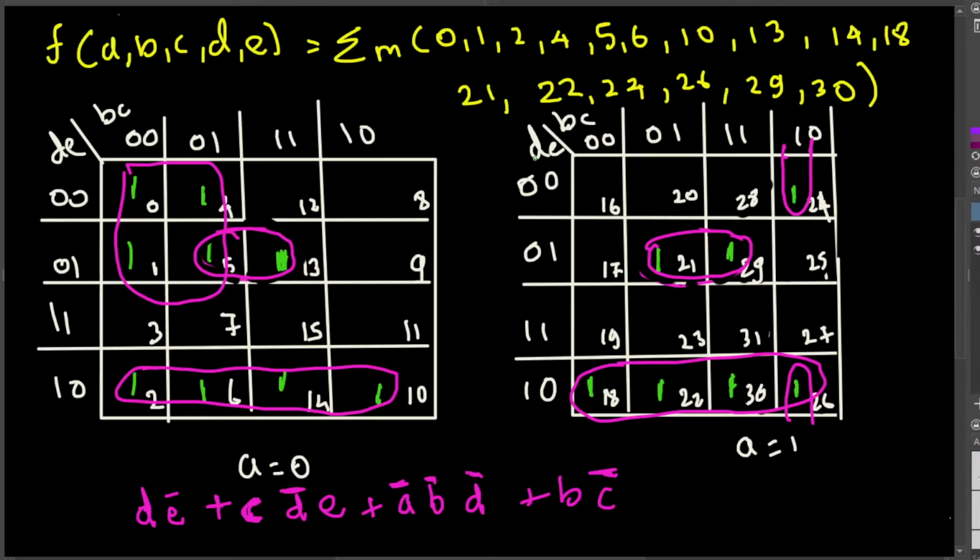And if you look at D and E, D is changing from 0 to 1, so D is going to be eliminated. And then E is remaining the same, E is 0, so this is going to be E naught right here. And I forgot to put one more thing, that is A, because this is only occurring in this K-map, so the A is equal to 1 is also going to be there. And that's our final expression.